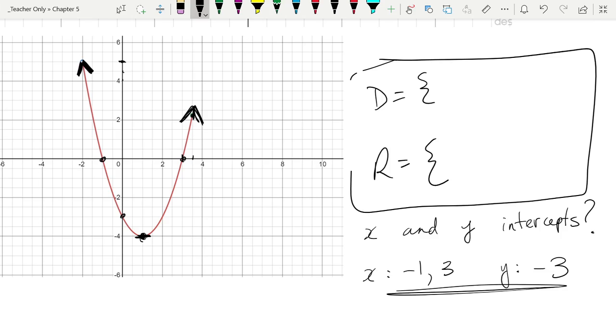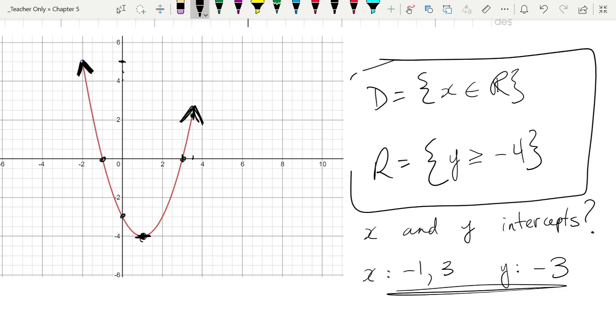What are you thinking? You can say that x can be any number you can think of, right? Because it's opening forever. Everywhere there's an x number, and you say that by saying x is an element of the reals. Is that true for y? Well, I'm afraid y can't be -5 or -6 or -1 billion. It doesn't go any lower than this, so this one actually doesn't change. y is greater than or equal to -4.